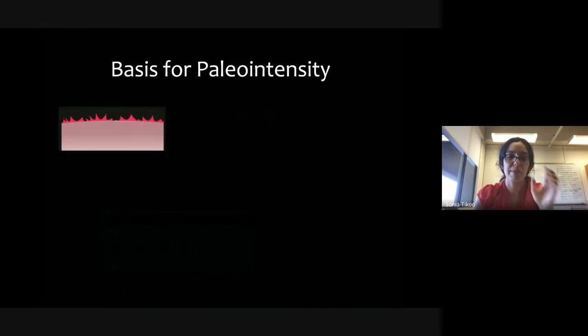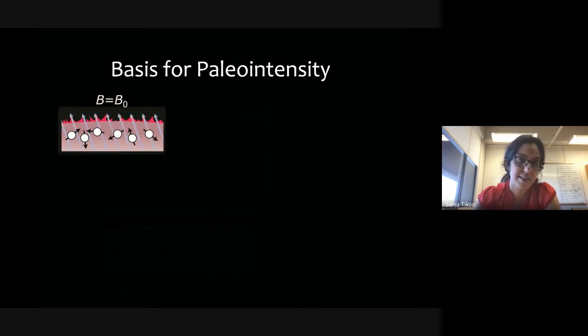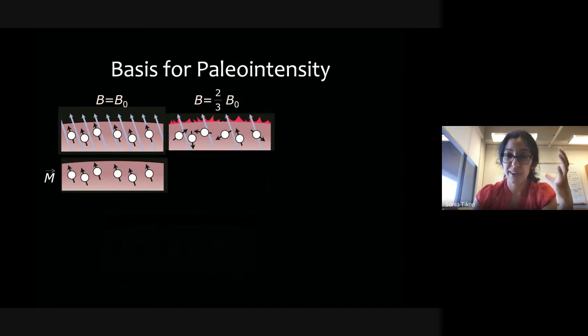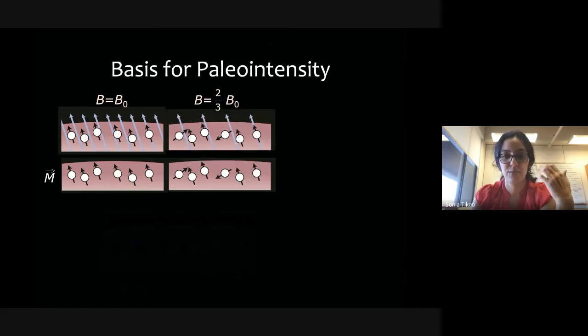The basis for paleointensity experiments is that if you have an igneous rock that started out hot, and if there was a field present, magnetization within grains will be preferentially aligned in that field direction, and that'll result in a pretty much semi-permanent magnetization that is recorded in the rock. If a field is weaker than some ideal saturating state, this process is less efficient and you have a weaker total net magnetization, although it is still preferentially aligned in the field direction.